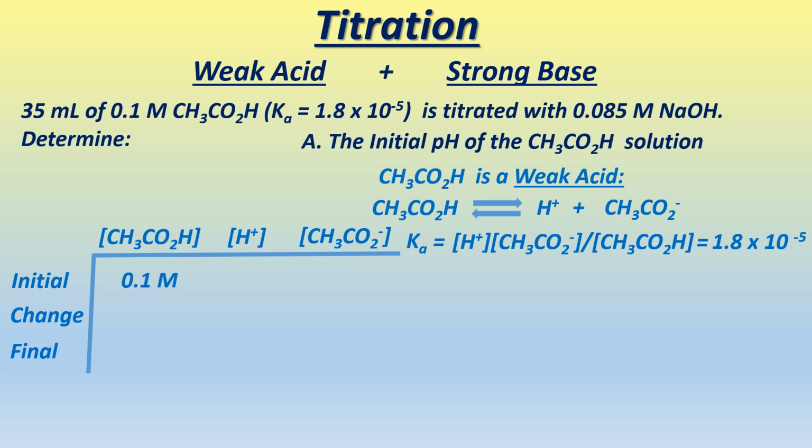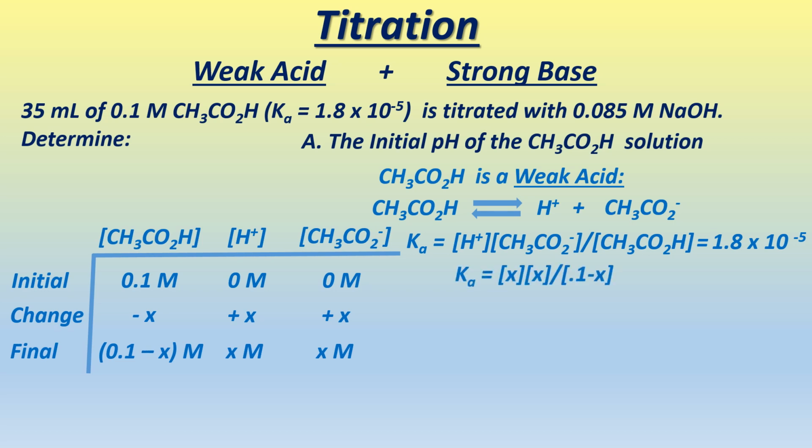In this case, we know the initial amount was 0.1 molar. We also know that if we start on the left, the equilibrium has to shift to the right. So at the end, we have 0.1 minus X, X for H+, and X for the acetate ion. So, Ka is now X times X divided by 0.1 minus X. This is a quadratic, which can be difficult to solve.